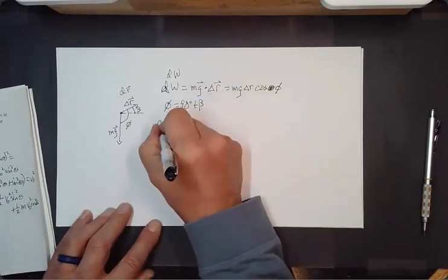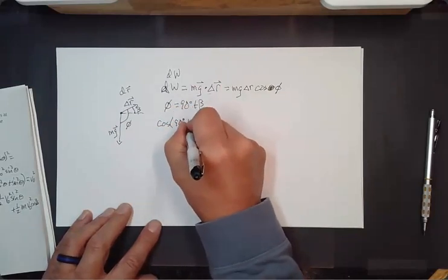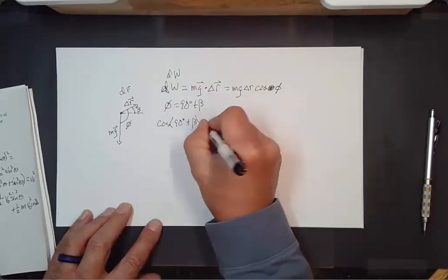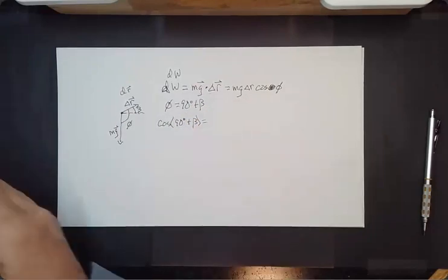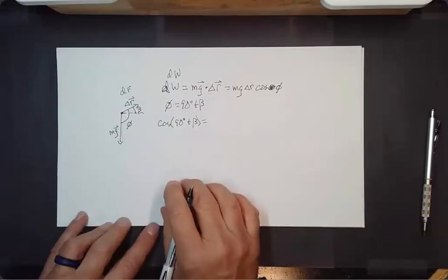And so the cosine of the sum of two angles is actually equal to, now this is a lot of trig to go through for something that's relatively simple, but that's okay.